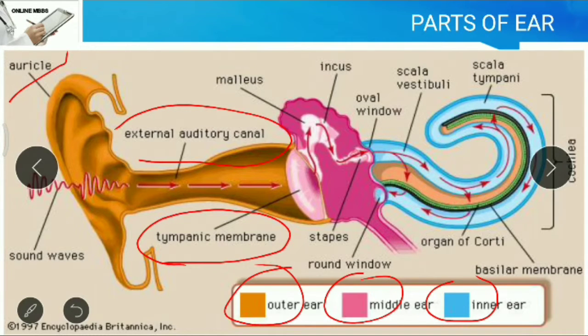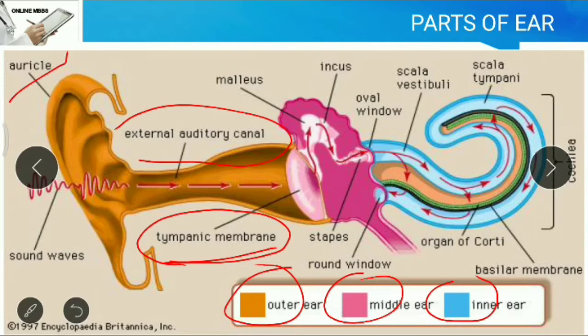In many books you can find the tympanic membrane under the external ear, whereas in some it comes under the middle ear. But in this picture it is neither in the outer ear nor in the middle ear, so it's between the outer and middle ear.